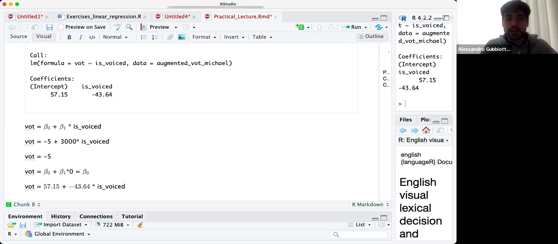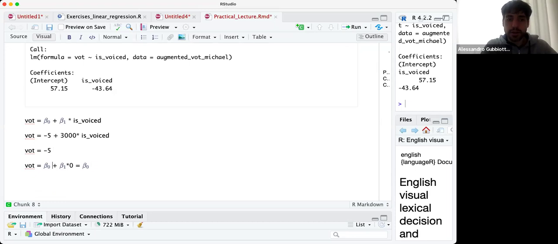So beta 0 is the estimate for the vocal onset time of a voiceless consonant.